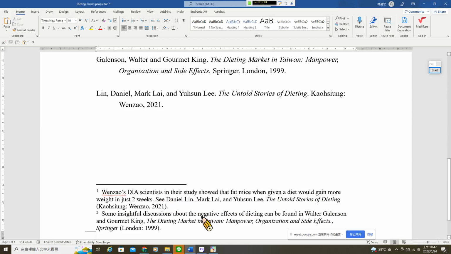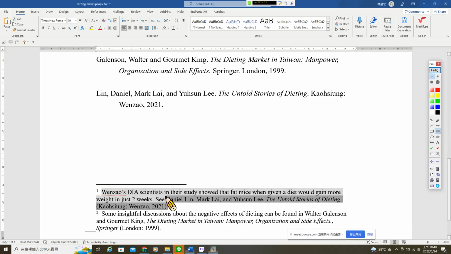Okay, so look here. So basically, when you put your reference information here, let me do this again. A lot of students, some students already know that you have to put your reference information here. But we could also add in some additional illustration here to provide a more detailed explanation about why you want to have the note number 1. So you provide explanation here, and you ask your reader to refer to the source.